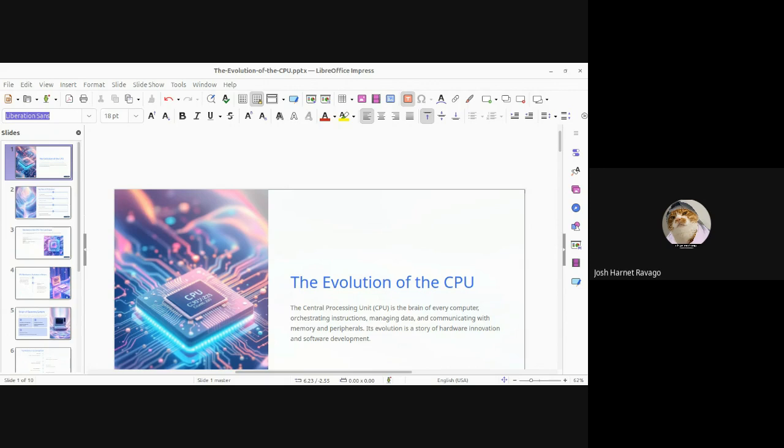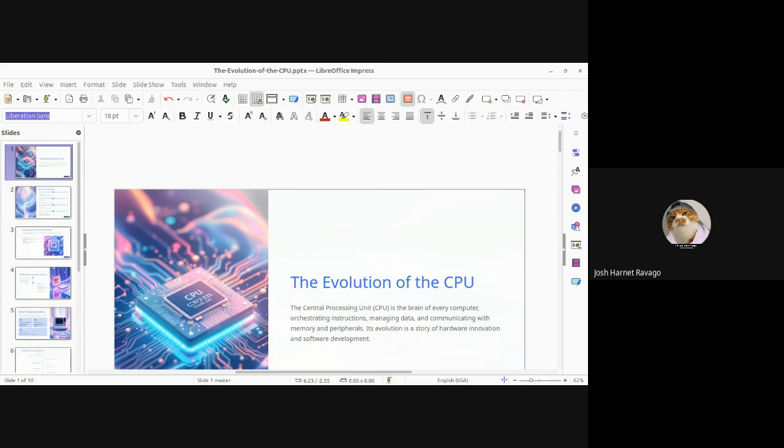We now have branch prediction and cache memory for billions of instructions per second. An example of this is the Intel Core i9.